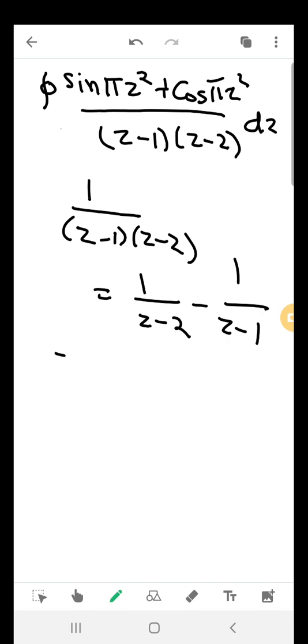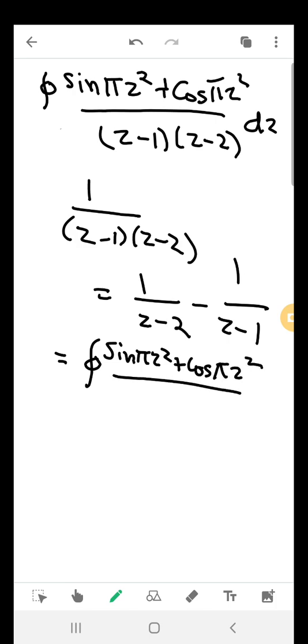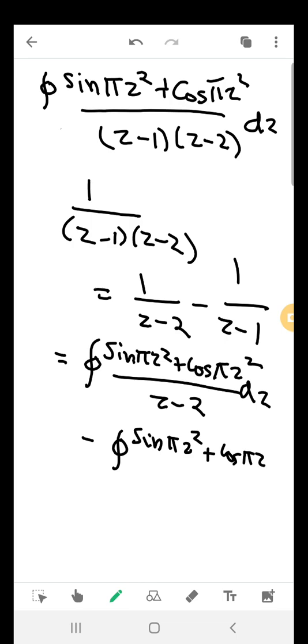So the integral now is equal to the integral of sine pi z square plus cos pi z square divided by z minus 2, minus sine pi z square plus cos pi z square divided by z minus 1.